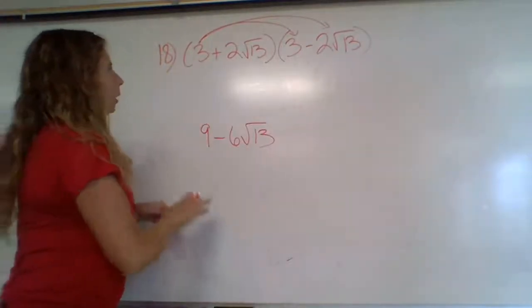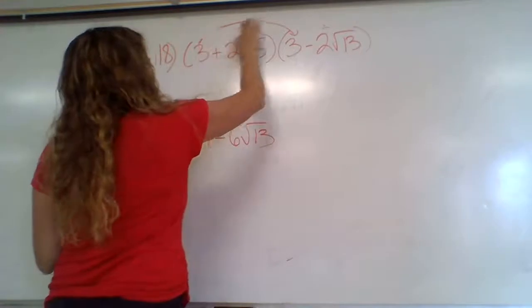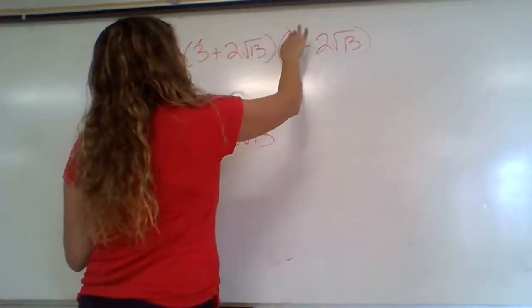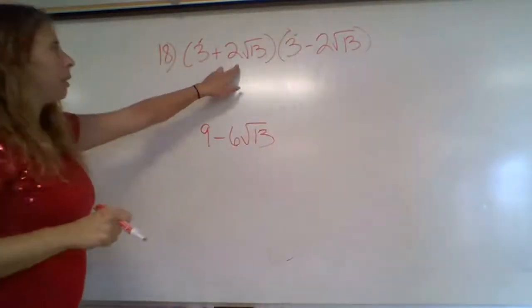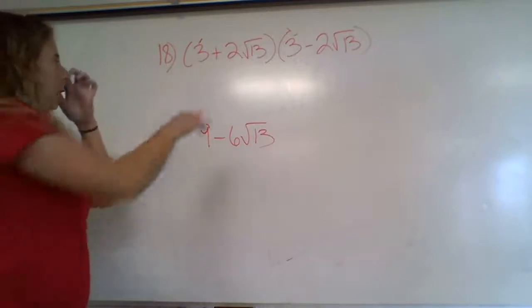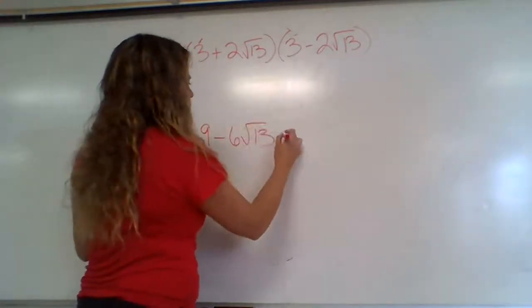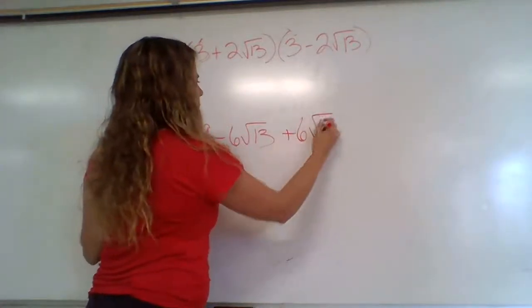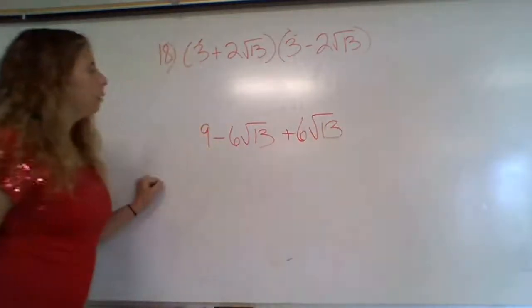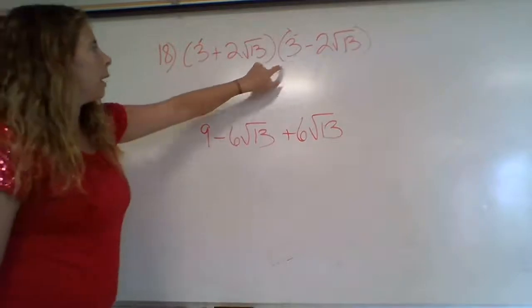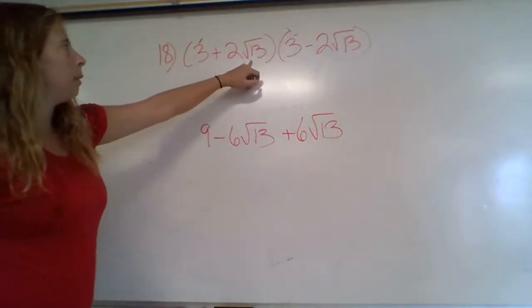So then we're done with the 3. Then move on to this guy. 2 square root of 13 times 3: 2 times 3 is 6 times the square root of 13.